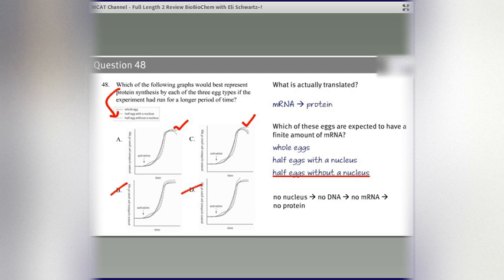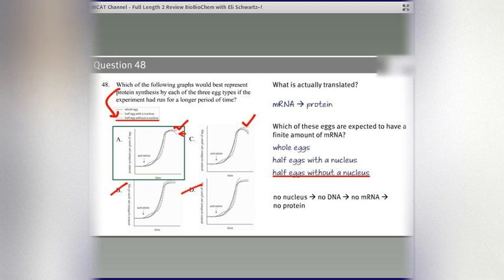Yeah, exactly, Quinley. Not us as students, obviously, don't take offense, but the students, quote-unquote, the AAMC finds somewhere, apparently make a lot of mistakes and careless errors. If we had been told, hey, a student is running a protein synthesis experiment, then potentially we might get tempted by thinking, maybe the whole egg has a problem, maybe the half egg with nucleus gets a problem, maybe there was some contamination, maybe something happened.